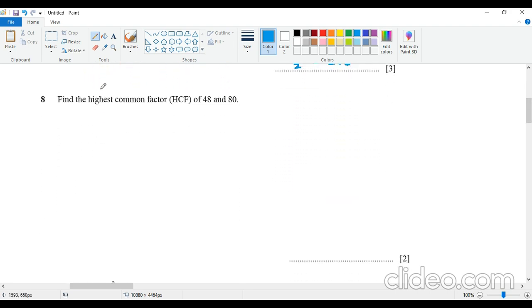Now in here, they need to find out highest common factor of 48 and 60 and 80. So in reality, what it means is that you need to find the biggest number that can divide both of them.